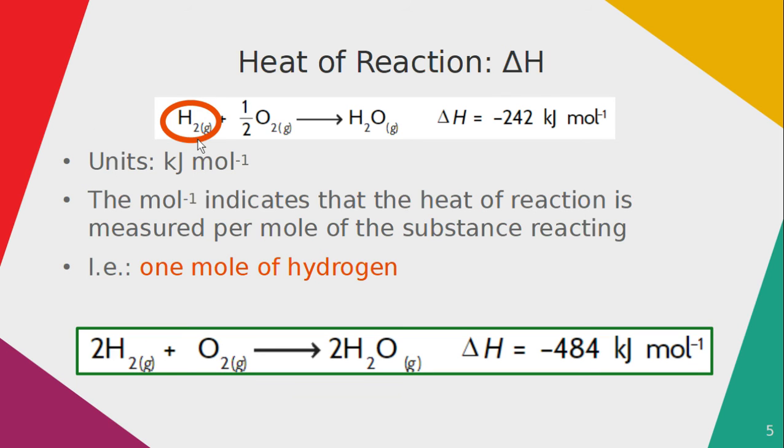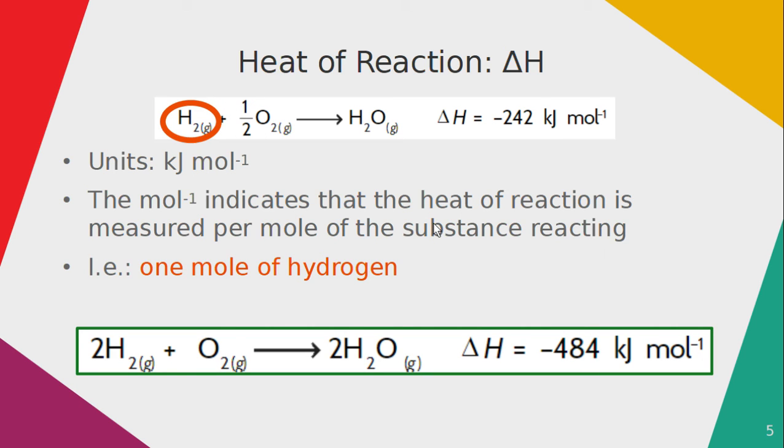So the substance reacting here is hydrogen. It's being burned in oxygen, so we have a combustion reaction. And you can see there's a 1 in front of the hydrogen here. Our balanced equation is 1 H2, so we have 1 mole of hydrogen. That's very important, because a lot of the time when we balance our equations, we try to get rid of the fractions.